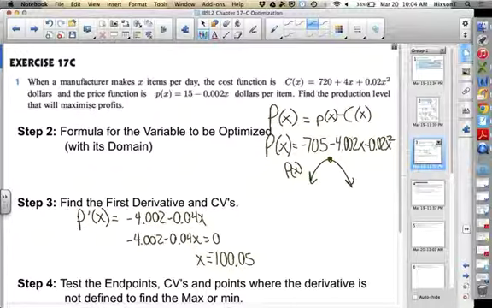You know what? Can we get this backwards? Cost and price. Well, no, because that would give us a minimum. Can we just multiply by negative 1? When we're trying to find x in that first derivative.